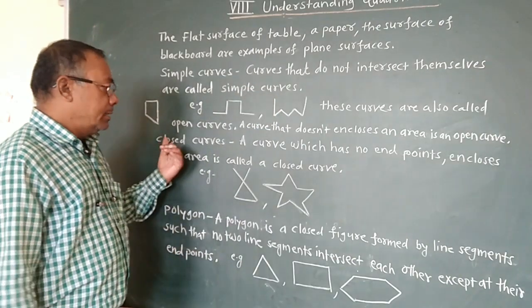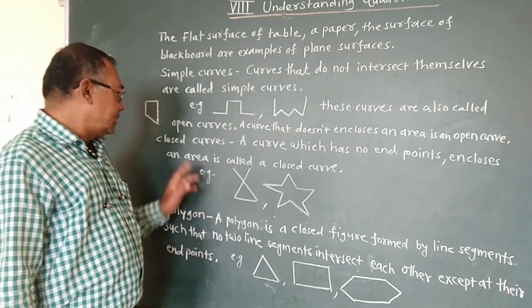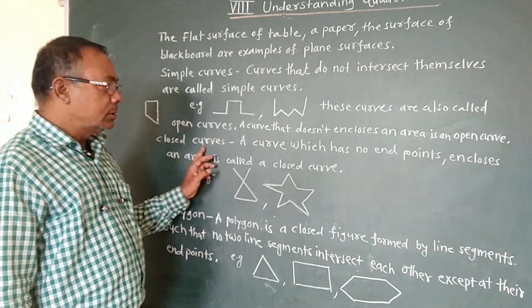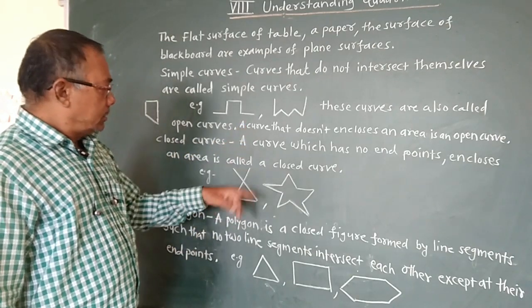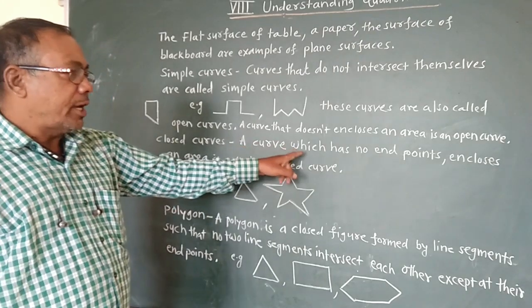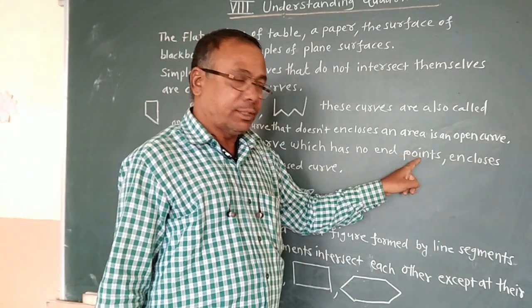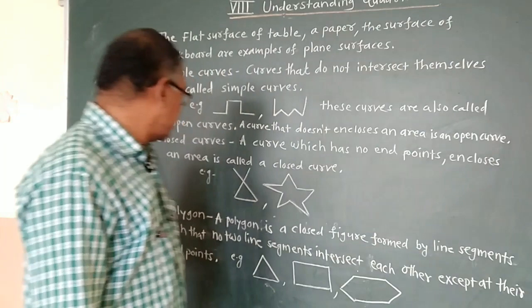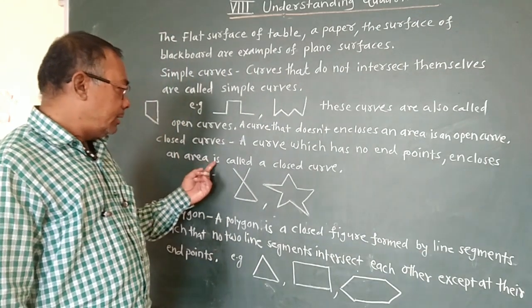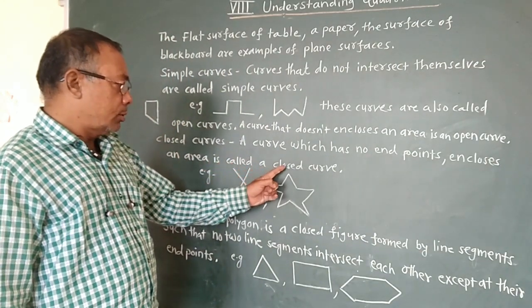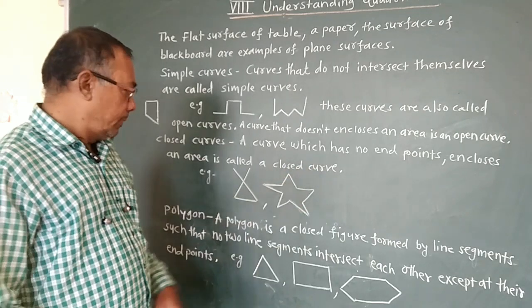Now we will see another type of curve, that is closed curve. Here a curve which has no endpoints and encloses an area is called a closed curve.